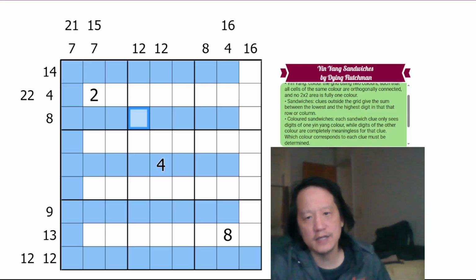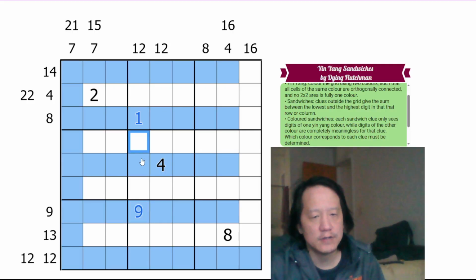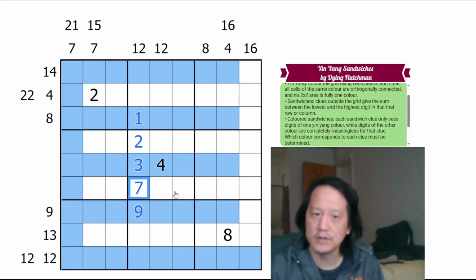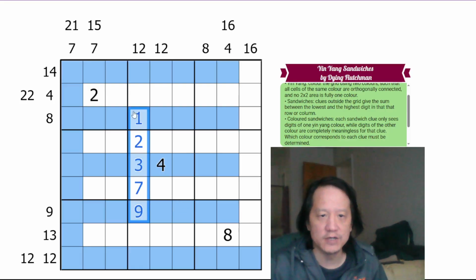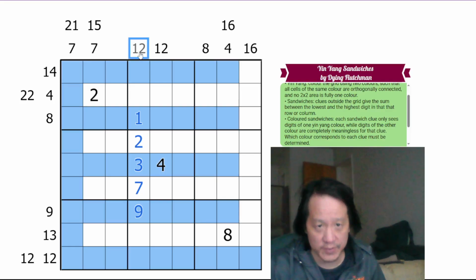In normal sandwich Sudoku, you could have something like 1, 9, and then 2, 3, and 7. This would be valid because 1 and 9 are the smallest and largest numbers in this column, and 2, 3, 7 adds up to 12, which is the sum here.